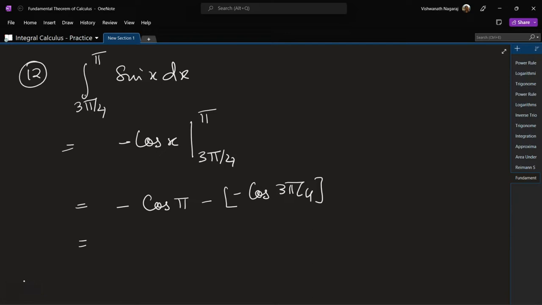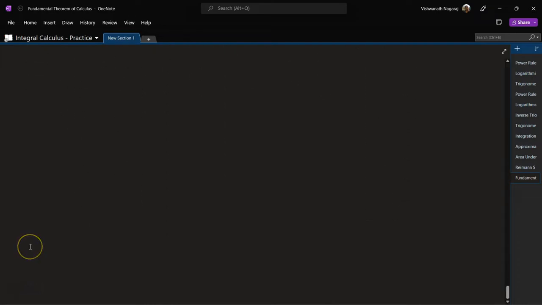Now, cos pi is minus 1, times minus is plus 1. Again, plus cos 3 pi by 4 is minus root 2 by 2, which gives us 2 plus minus root 2 by 2, which is 2 minus root 2 by 2.